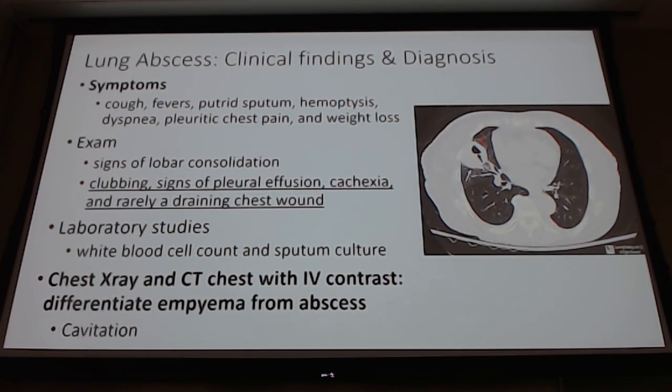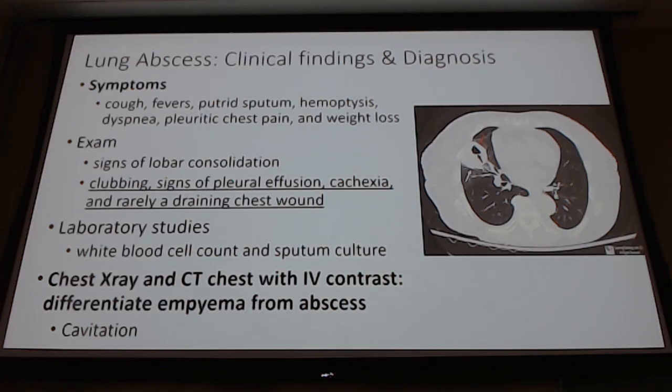Symptoms are pretty much the same: cough, fevers, putrid sputum, hemoptysis, dyspnea, pleuritic chest pain, but you also have that weight loss now. On the chest CT, you'll have it in the actual lung parenchyma, so you have tissue around it.